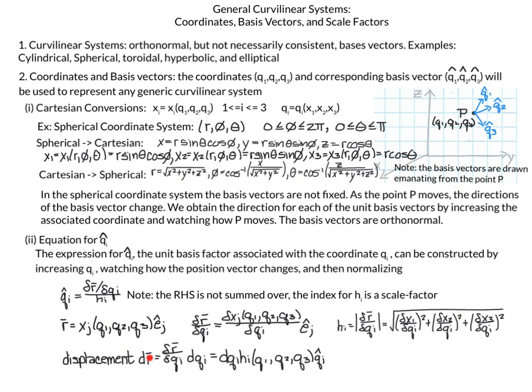We said that the displacement vector is our displacement in each direction qi times the scaling factor. That will become more important as we try to do integration, because we'll need to integrate over small lengths. So we'll see more of this displacement vector and this scaling factor in upcoming videos.